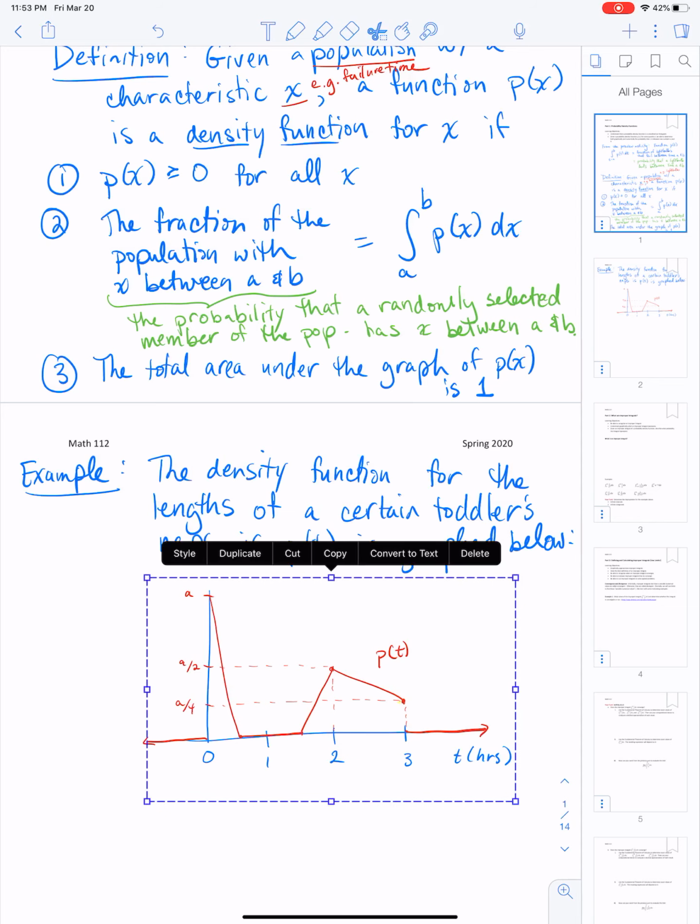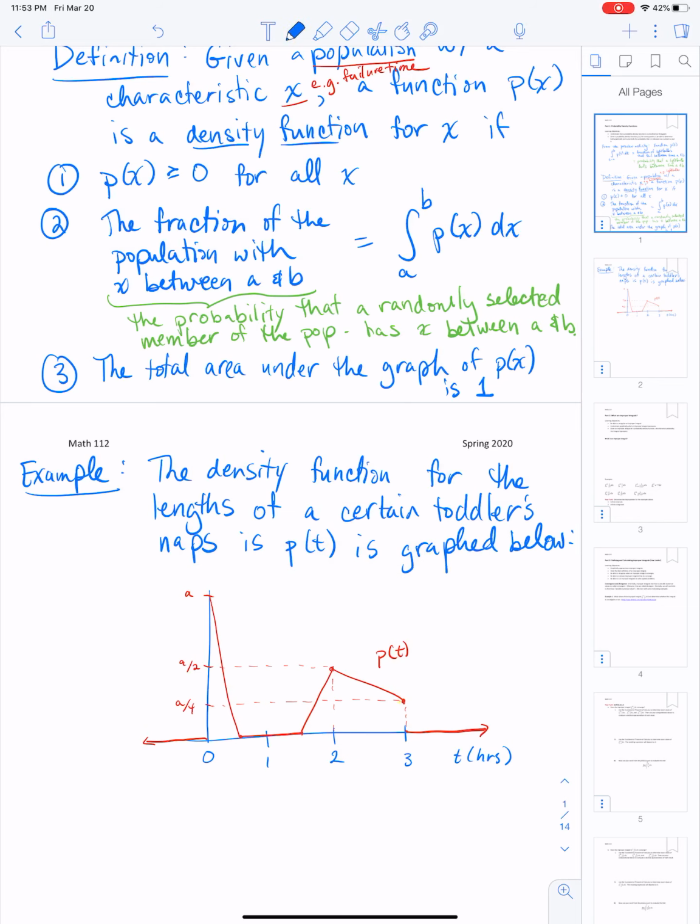Okay, so let's suppose that this is the density function of Ian's naps. You can see that this does satisfy the first property of a density function, that P of t in this case is always positive.